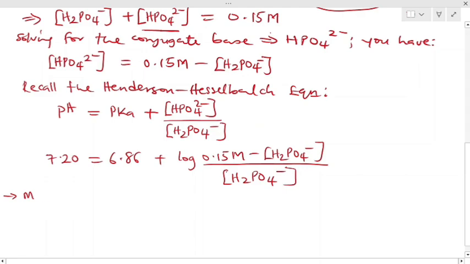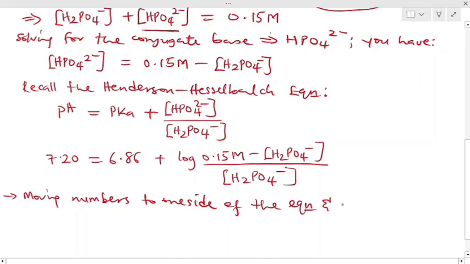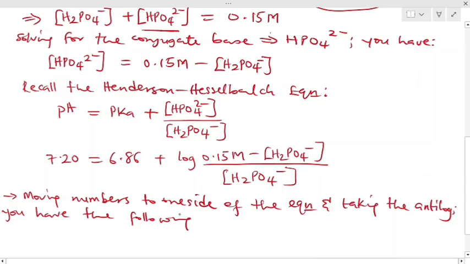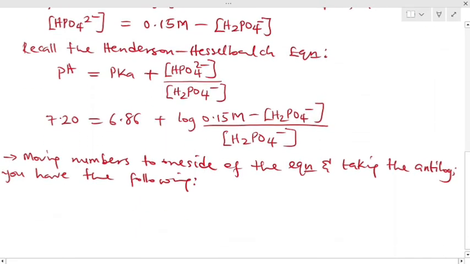Moving the numbers to one side of the equation and taking the antilog, you have 7.20.